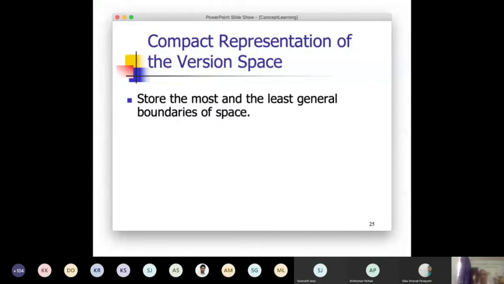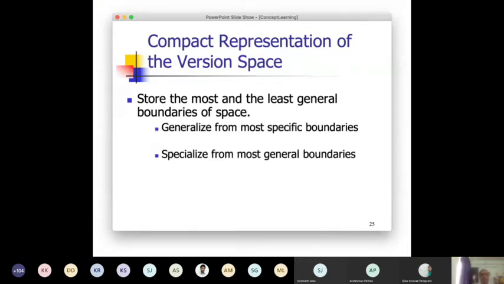This is the most compact representation in that sense, as I mentioned, that you are storing the most and least general boundaries of the space. Here you are generalizing the most specific boundaries and specializing the most general boundaries. That is the task. You are using positive samples for generalizing the most specific boundaries, and negative samples for specializing the most general boundaries.